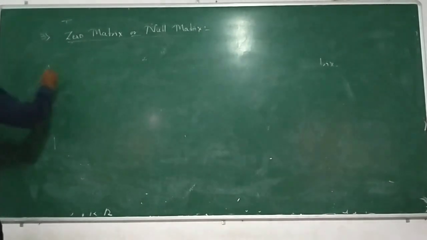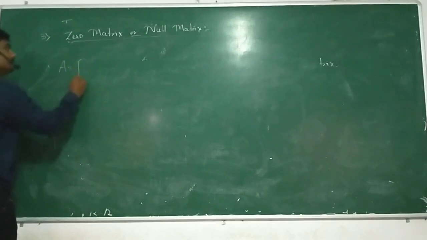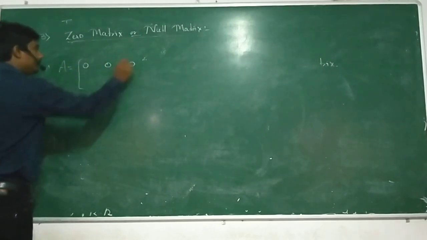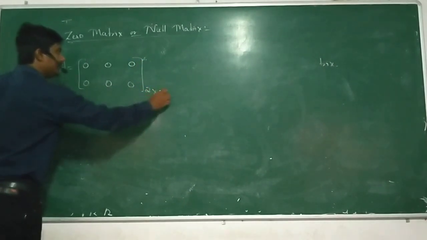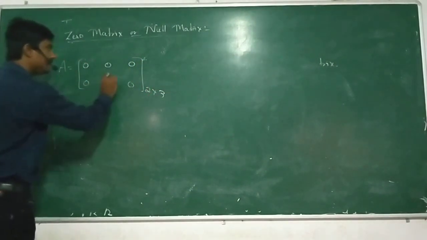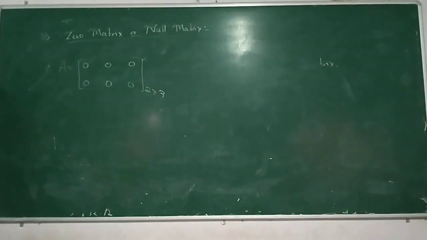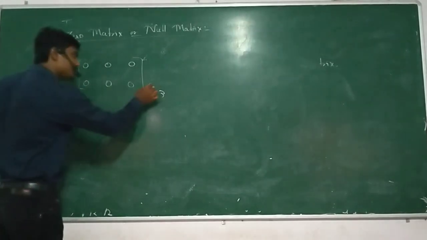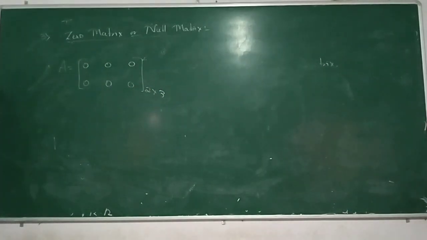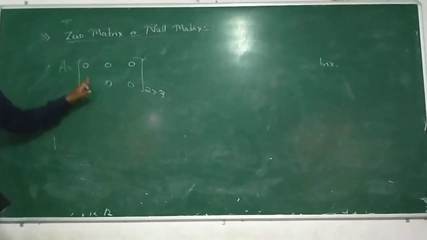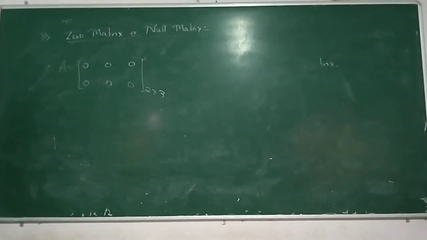For example, if I take this matrix, whatever may be the order, what we find is that all the entries present in this matrix are zeros. So such a matrix is termed a zero matrix. We do not say that it must be of order 2 by 3, 3 by 2, nothing like that. All the entries in the matrix must be 0.